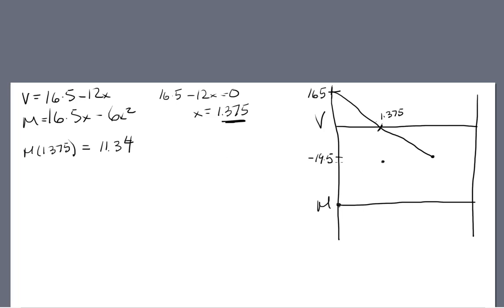So we know this value right here, and of course I'm cramming stuff in here. Let me just erase that. Let's move it down a bit. Move it down here. That's going to be equal to 11.34. So when we know we have a positive slope here of 16.5, we know it's going to be 0.